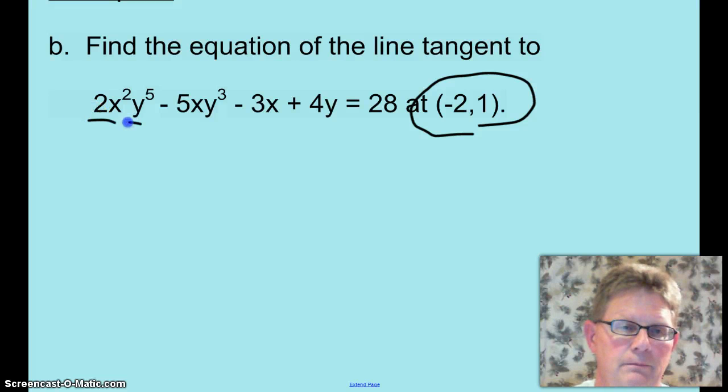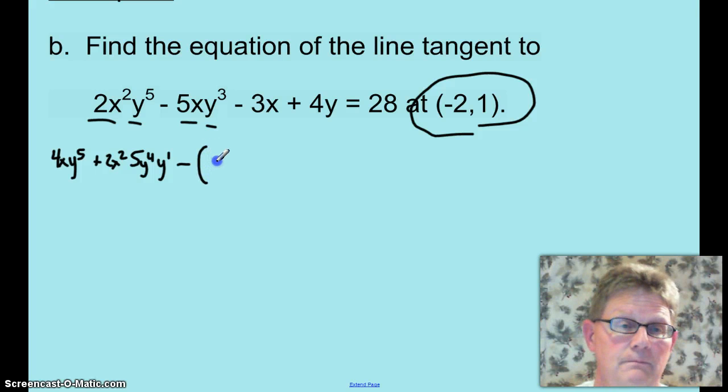Product rule here, and then 3 non-product rules. So derivative of the first function 4x, y to the 5th, plus 2x squared times 5y to the 4th y prime, minus, put this thing in parentheses, please.